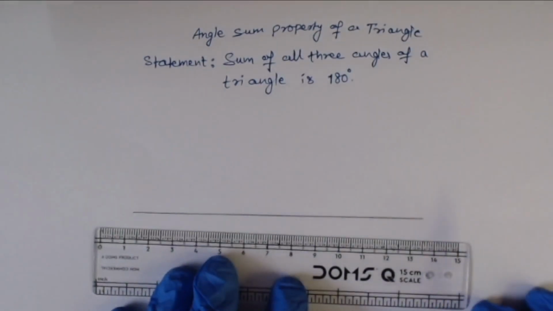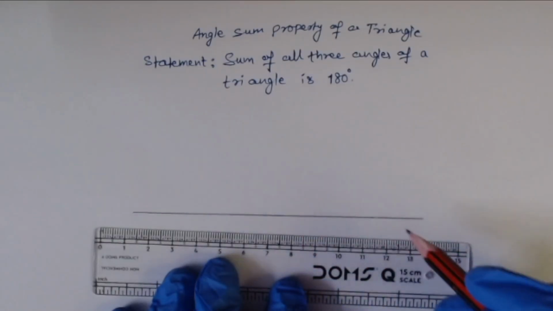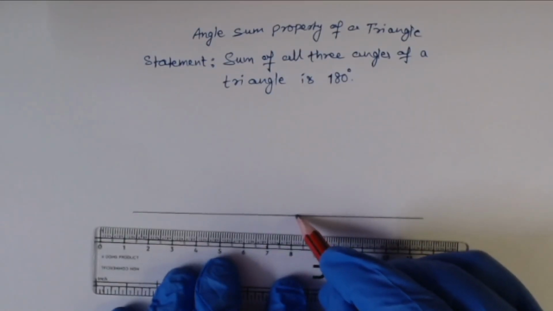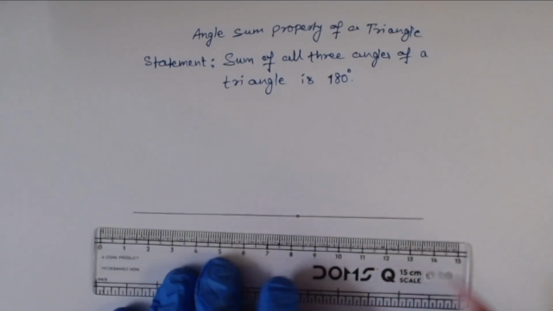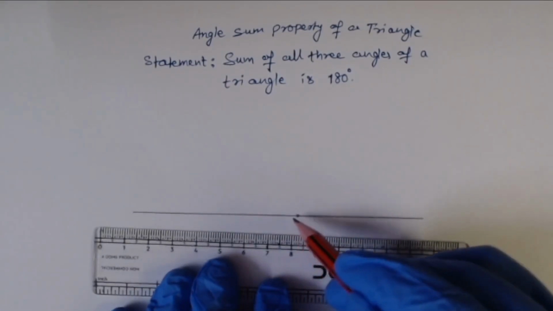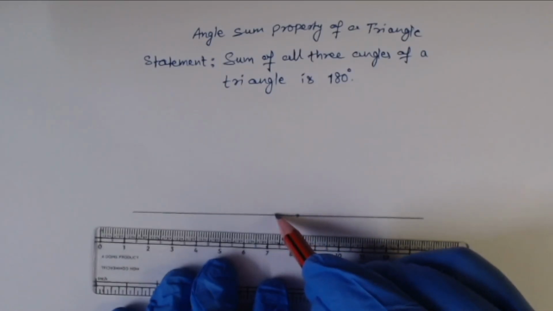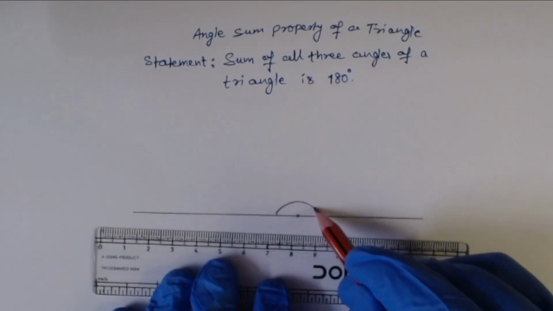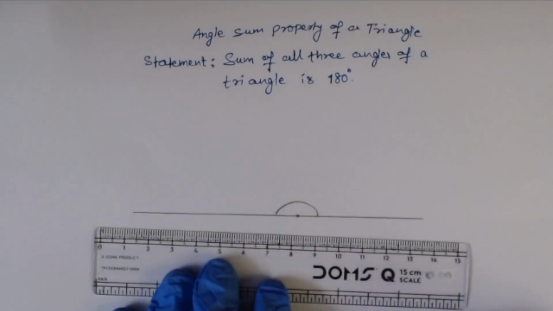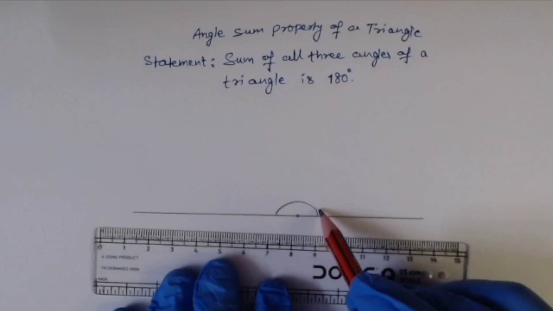This is a straight line and we fix a point on it. We understand that the angle on a straight line from here to here is 180 degrees. This is a straight angle.